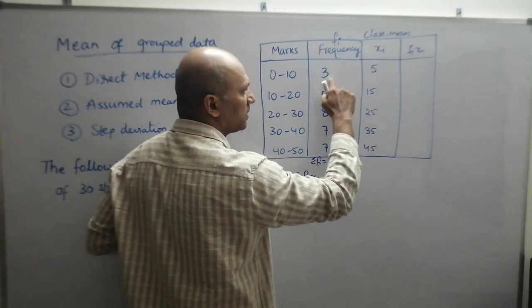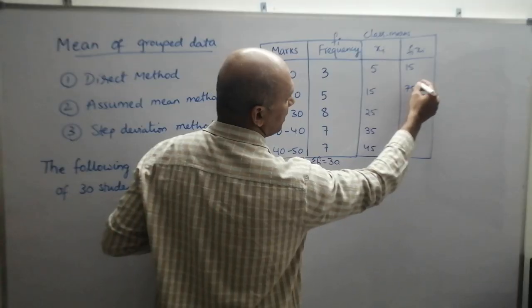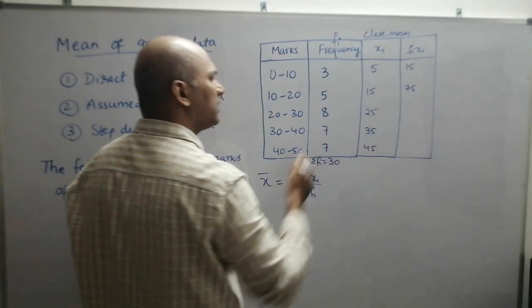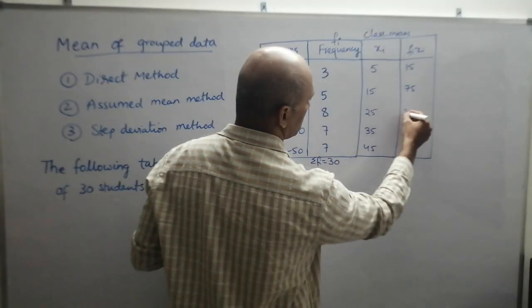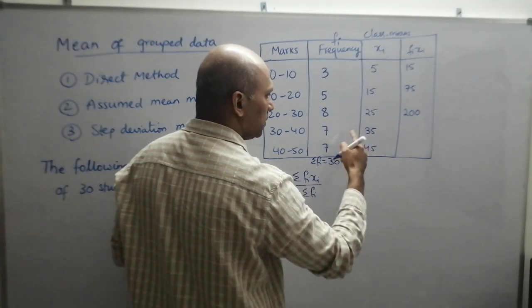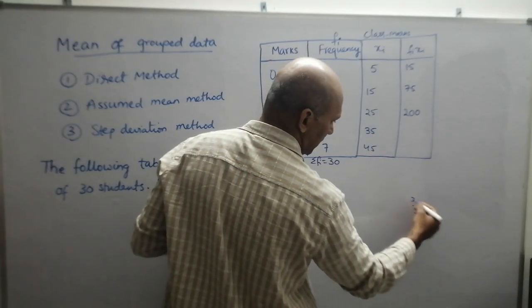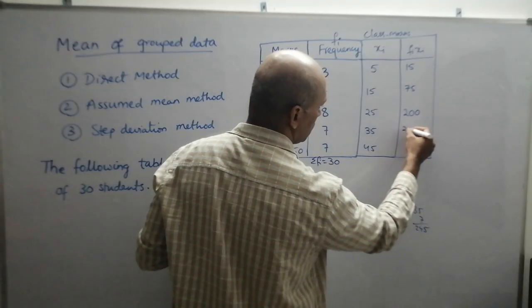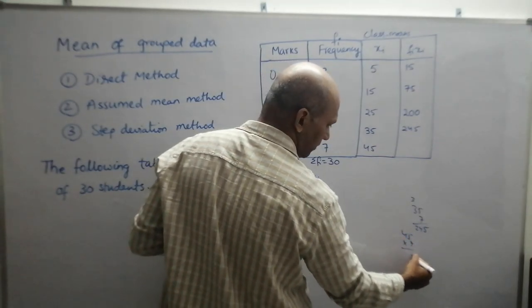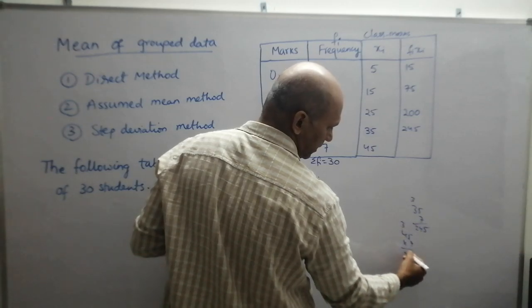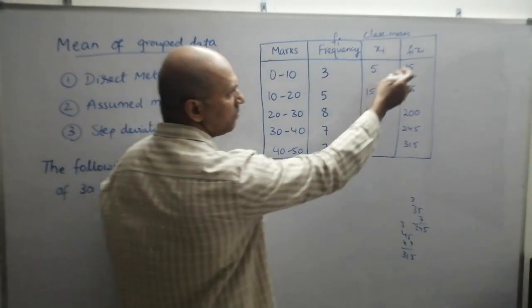This number multiplied by this. 3 times 5 is 15. 5 times 15 is 75 and 8 times 25 is 200. 7 times 35 is 245. 7 times 45 is 315. Okay, so we have found the multiplication.